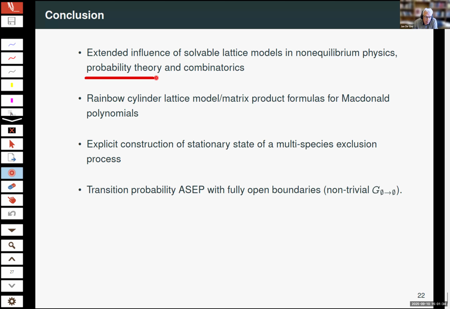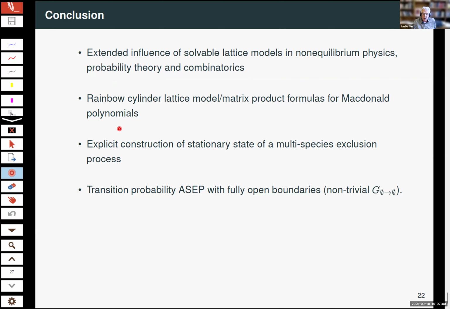In probability theory, so it was already mentioned earlier, there's now a new area called integrable probability, where influential people work and derive new results. And maybe Michael will talk about this more tomorrow, as well in combinatorics, as also Ole talked about just now.